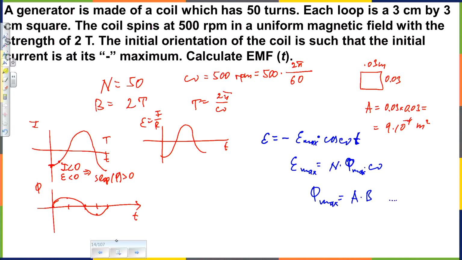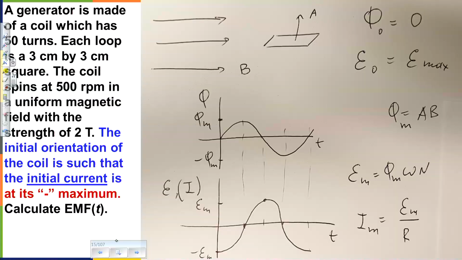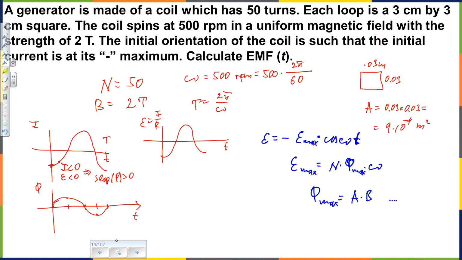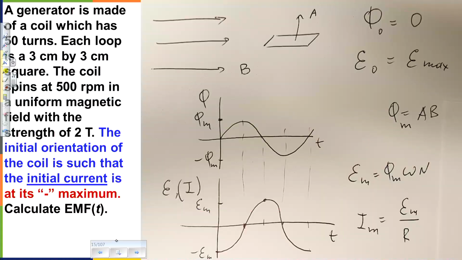And if you want to look at the orientation, well, that's supposed to be the initial orientation. If the flux is 0, so magnetic field lines shouldn't go through the loop at all initially, and then it starts turning. How should it turn from this?